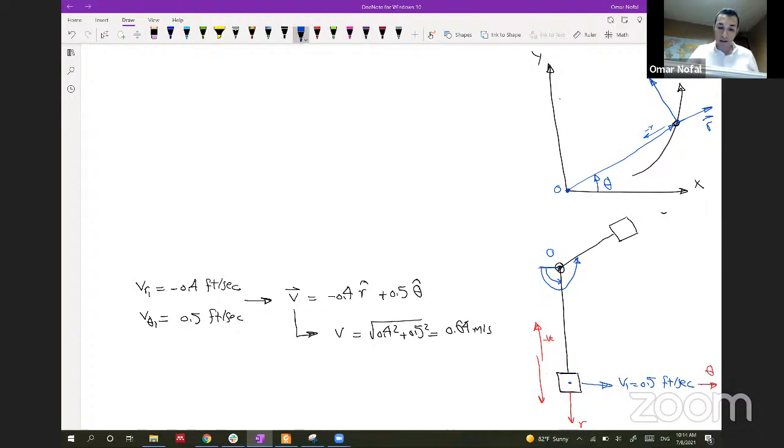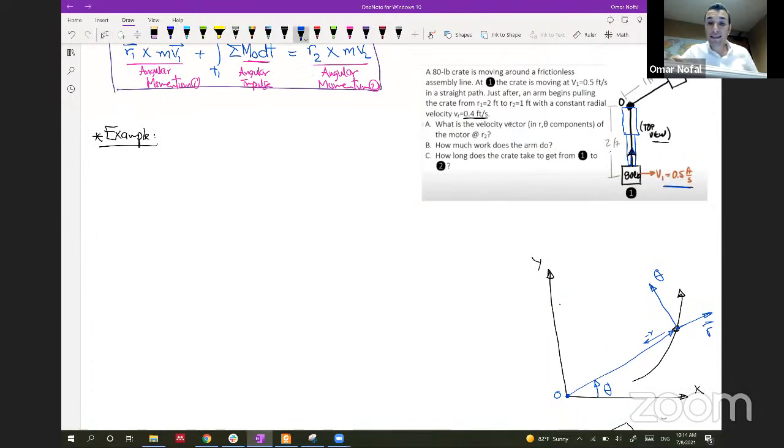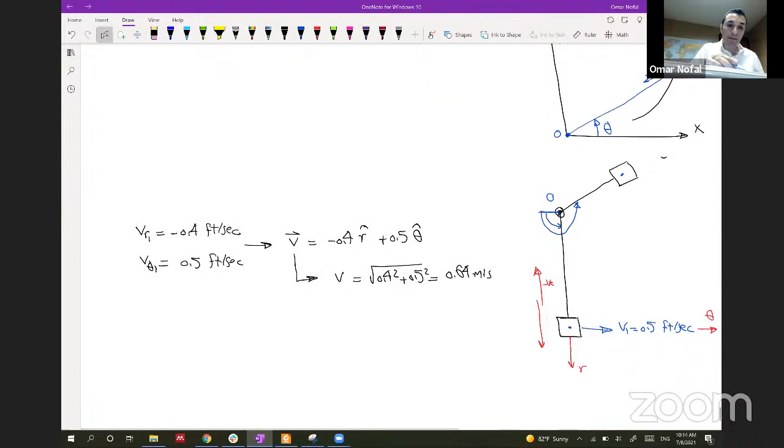Okay, so this is at position 1, and what we need to do is get the values at position 2. At position 2, it says that with a constant radial velocity, so the radial velocity is constant and hasn't changed from position 1 to position 2.